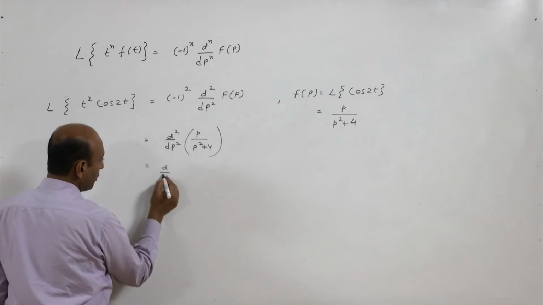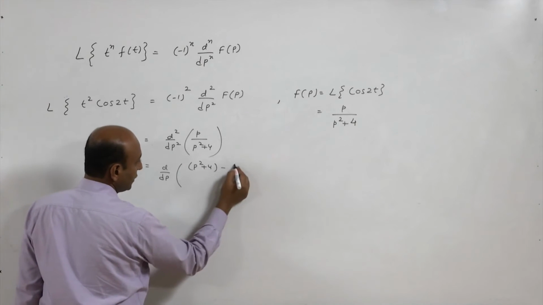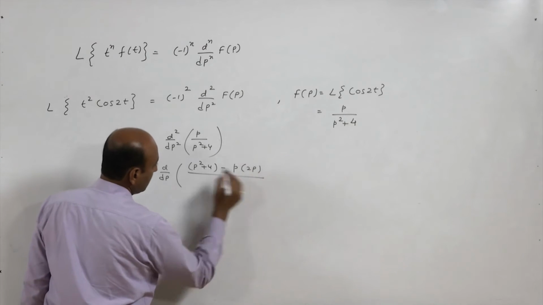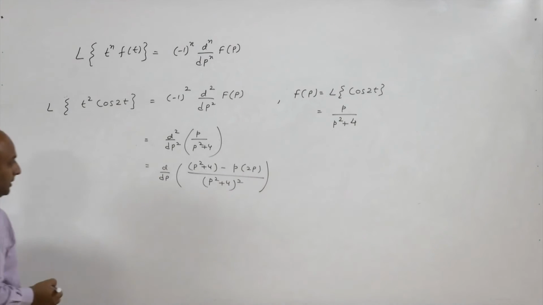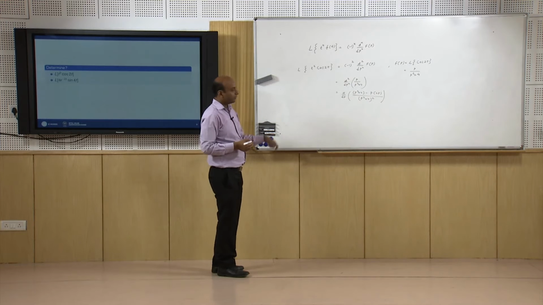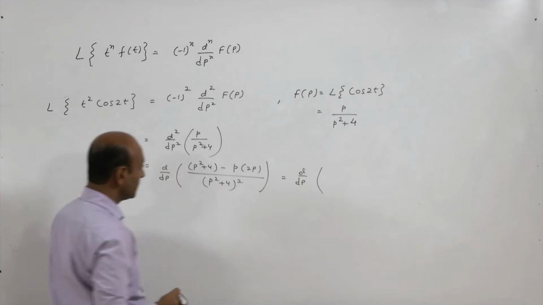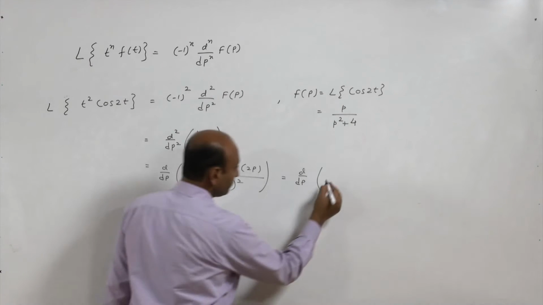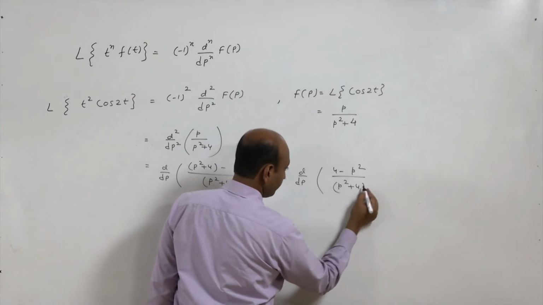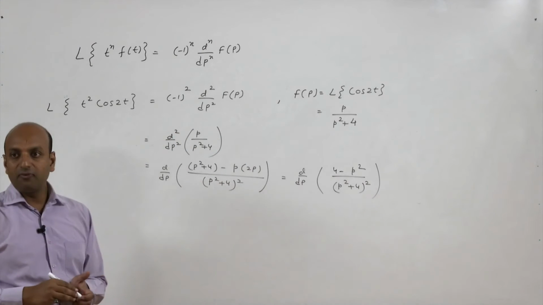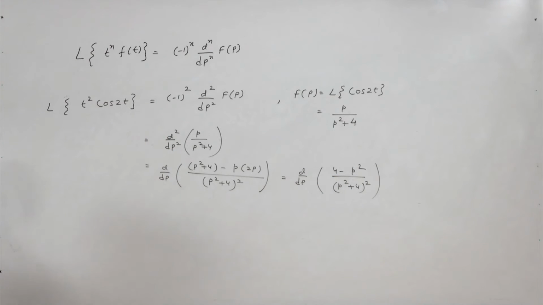So, it is d by dp of the first derivative, which is denominator times derivative of numerator minus numerator times derivative of denominator upon denominator whole square. This is by the quotient property of derivatives. So, this is d by dp of 4 minus p square upon p square plus 4 whole square. So, again we will find the derivative of this F p. So, what is the derivative of this F p?